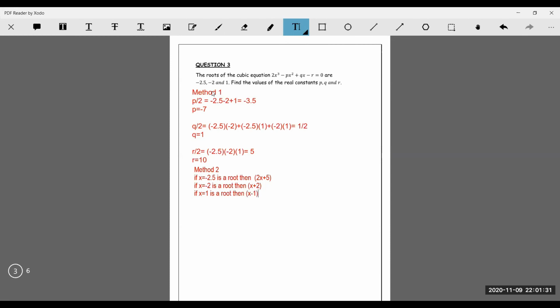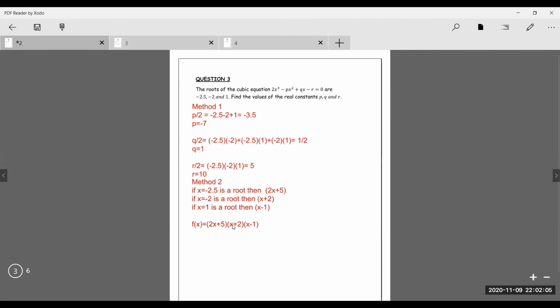Now the function f of x is just equal to 2x plus 5 times x plus 2 times x minus 1. So the only thing you need to do now is find out what we get when you expand all of this.